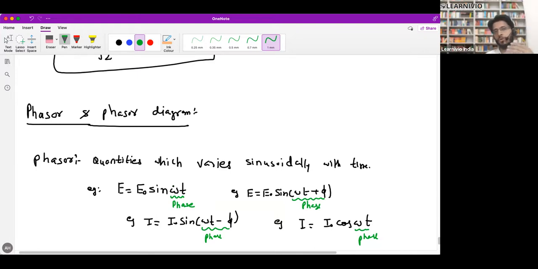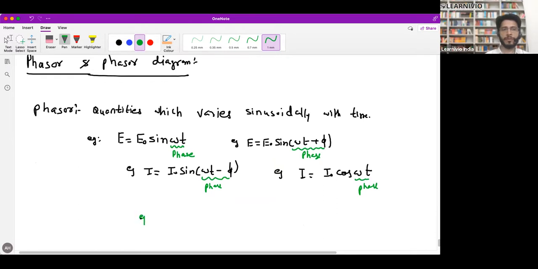But right now, we will concentrate only on EMF and current. Phasors could be any quantity which depends on sine or cos in its equation, like a velocity. If I write V is V naught cos omega t, it's also a phasor. S is equal to S naught sine omega t is also a phasor. Quantities which change sinusoidally with time are known as phasors.